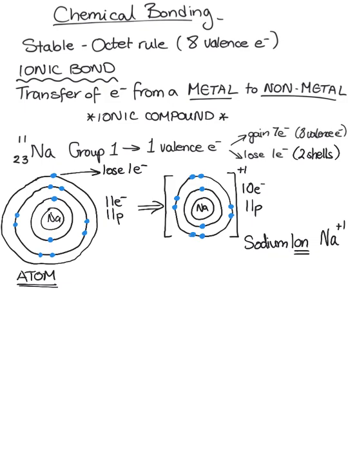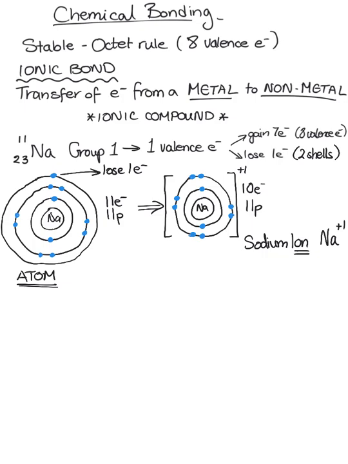It's sodium with a +1 charge, showing the person reading it that we no longer have a neutral sodium atom. We now have a sodium ion with a +1 charge. And that's how you would draw it, indicating that it has a +1 charge.